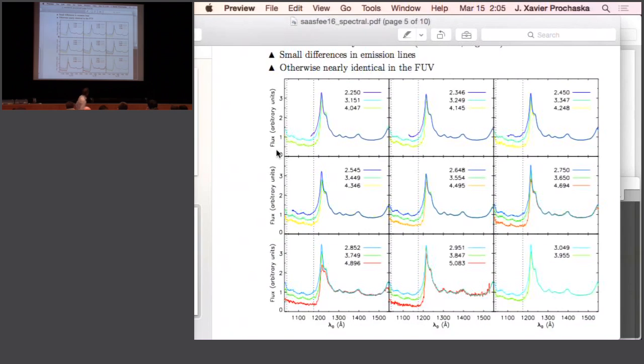It's a set of panels of stacks of quasars, or average quasar spectra, ranging from around 2.2 up to 5, all from the Sloan survey. In each of the subpanels, there are three of these composite spectra plotted, blue, green, and yellow on the top, or blue, green, red on the bottom.